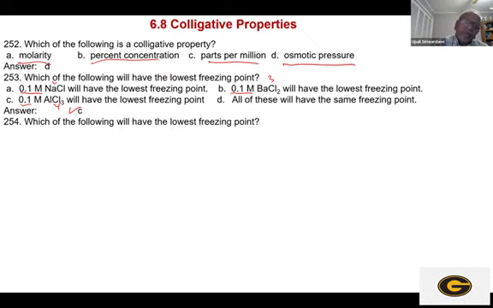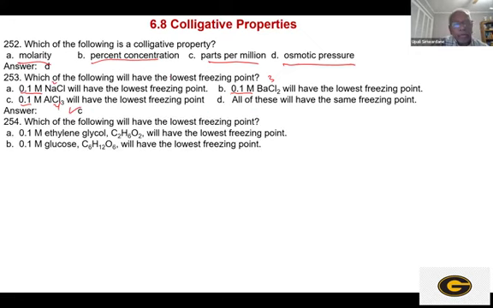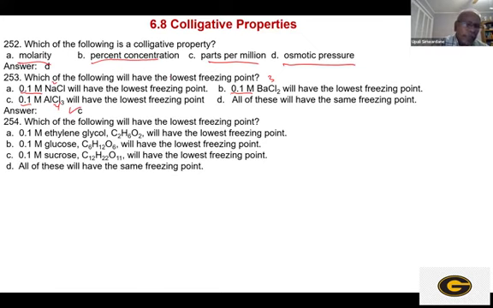Which of the following has the lowest freezing point? All have same molarity. But this is ethylene glycol. There's no ions. They are molecular compounds.